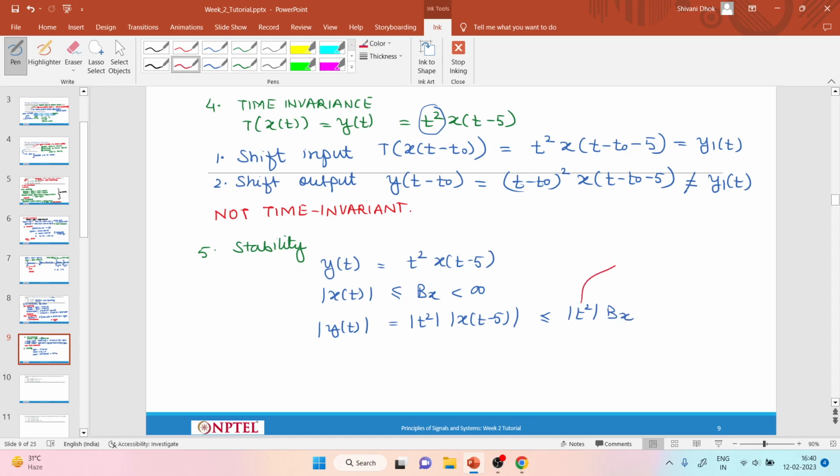Now this t actually belongs to minus infinity to infinity, therefore this mod t square will belong to 0 to infinity, that is it can take infinite value, which means that my y of t is not bounded. Therefore, for any bounded input, I am not getting a bounded output, which means that it is unstable. That is, it is not a BIBO stable system.